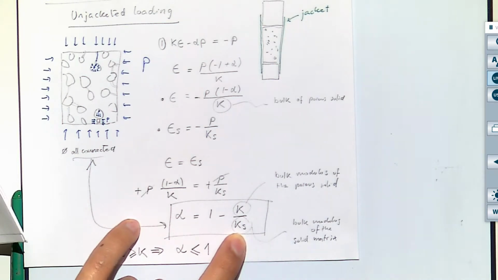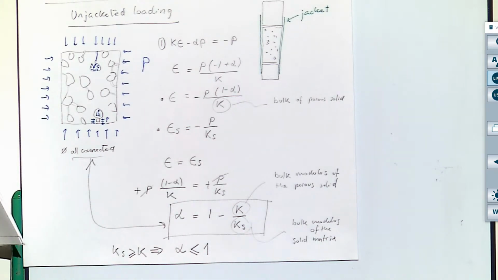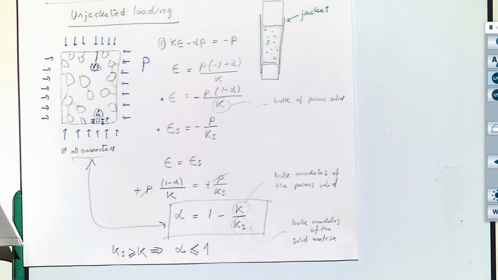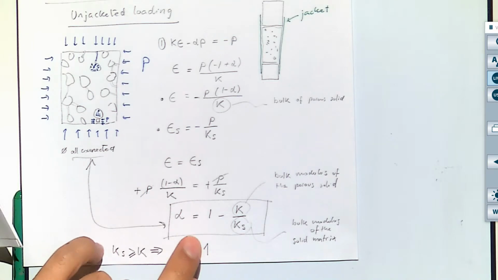Many times, if you have an irregular shape, for example, you're not going to find a crystal with a cylindrical shape, right? So instead, you measure wave velocities, Vp and Vs, and with those two and the density of the material, you can get the K of the material using the theory of elasticity.